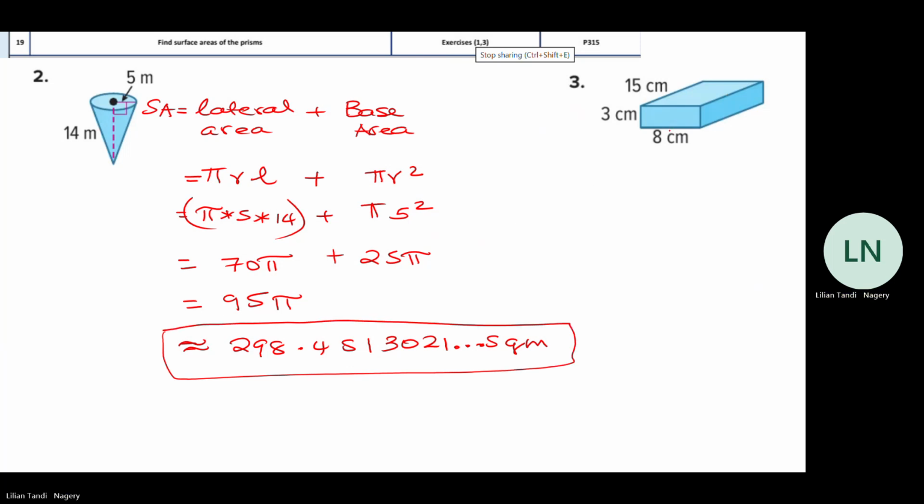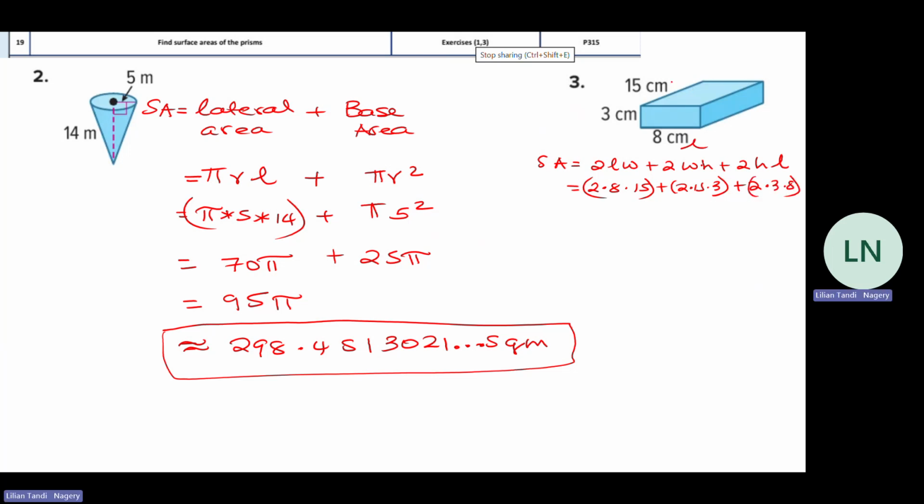Here, you're gonna use surface area equals 2 length times width plus 2 width times height plus 2 height times length. Then you put your values, 2, 8, 15, multiply them, 2, 15, and 3, multiply them, 2, 3, and 8, multiply them.